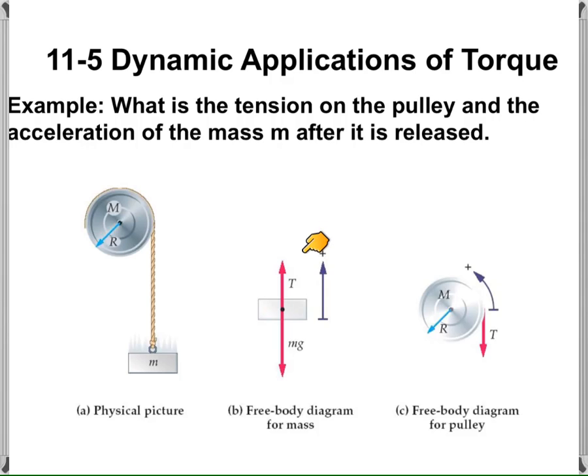This same tension in the string is rotating the pulley around this fixed axis, right? So we also have the rotation. The angular acceleration of the pulley and the linear acceleration of the mass are related to each other.